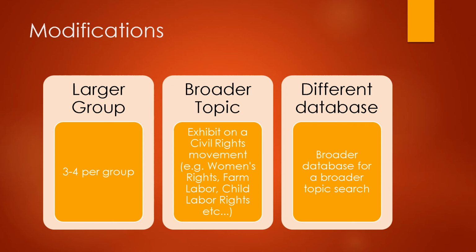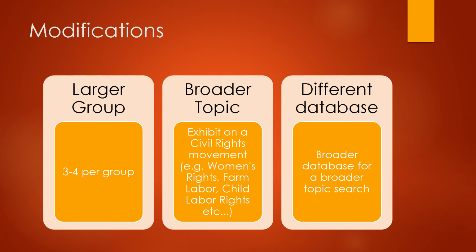That could be women's rights through any period of time in which women were fighting for those rights. It could be the farm labor movement. It could be the child labor rights movement. And those are areas where I think any student could find something that they see themselves in, because a lot of it was about empowerment. And so I think they can find images and poetry like that easier.